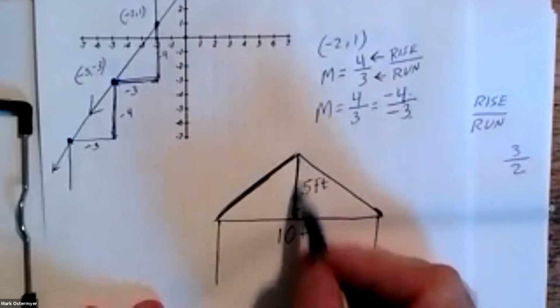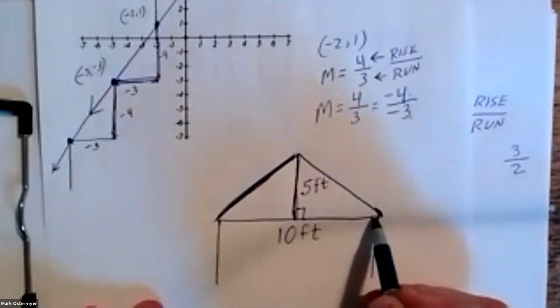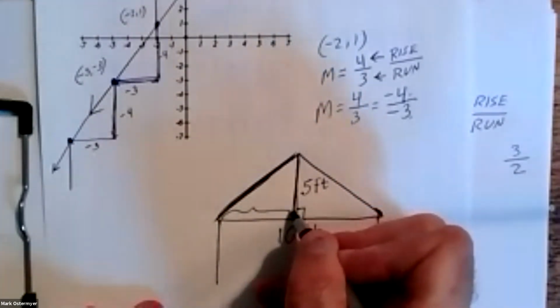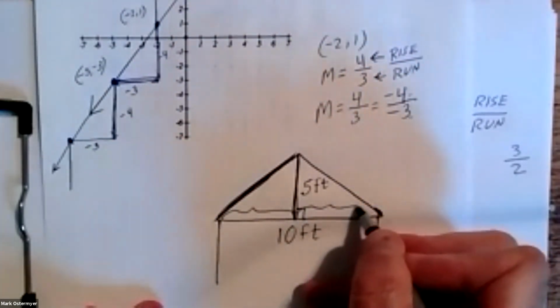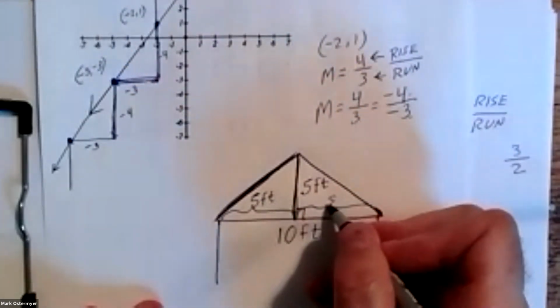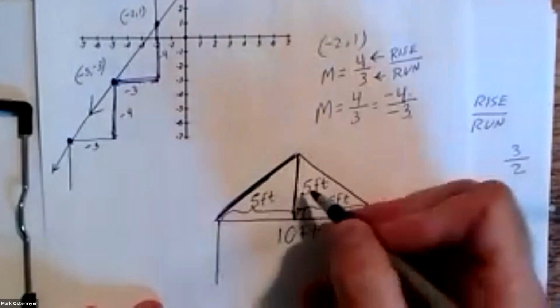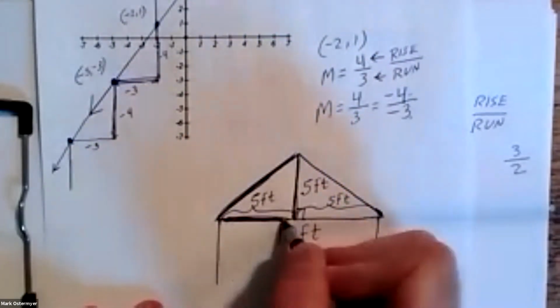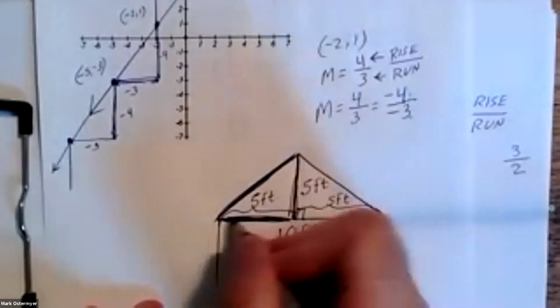Well, assuming that this is a perpendicular bisector of this, ladies and gentlemen, if this is 10 feet, this would then be how many feet? If I divide 10 by 2, this would also be 5 feet, and this would be 5 feet. So for every 5 units I go up, I go over what? 5 feet. So 5 feet of rise versus 5 feet of run.